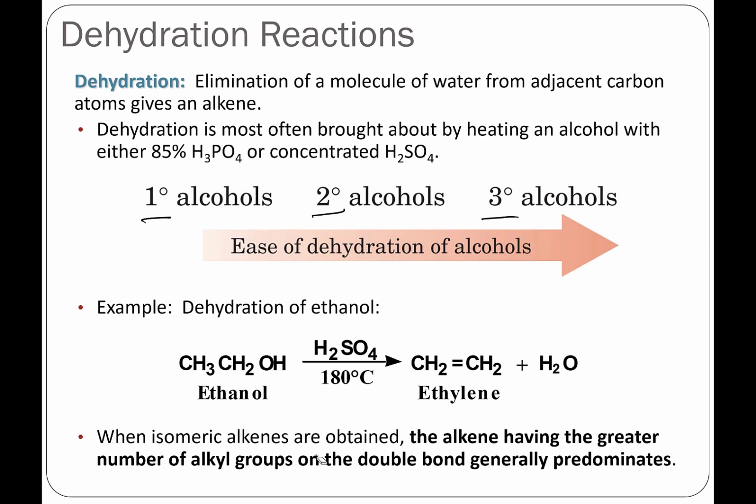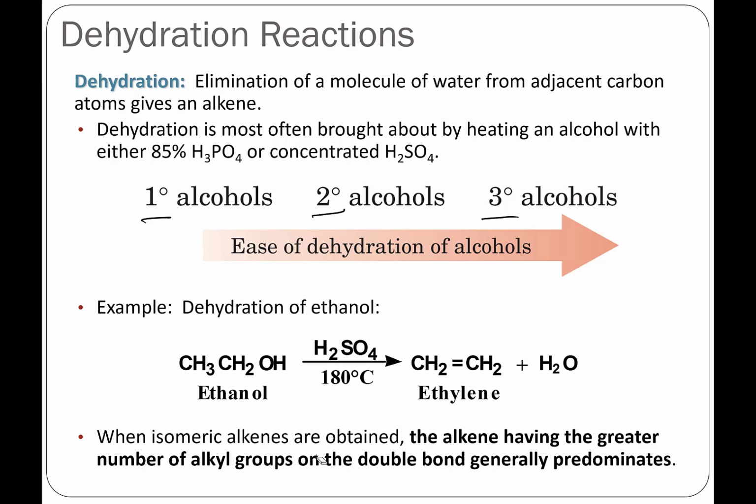It turns out that depending upon whether you're dehydrating primary, secondary, or tertiary alcohols, so dehydration means to remove water, as you might guess, but in this case, you're removing an H and an OH from adjacent carbons to form an alkene. That's really what's happening. The water is formed by pulling an H off one carbon and the alcohol OH off of another carbon, and in between those carbons you put a double bond, okay?